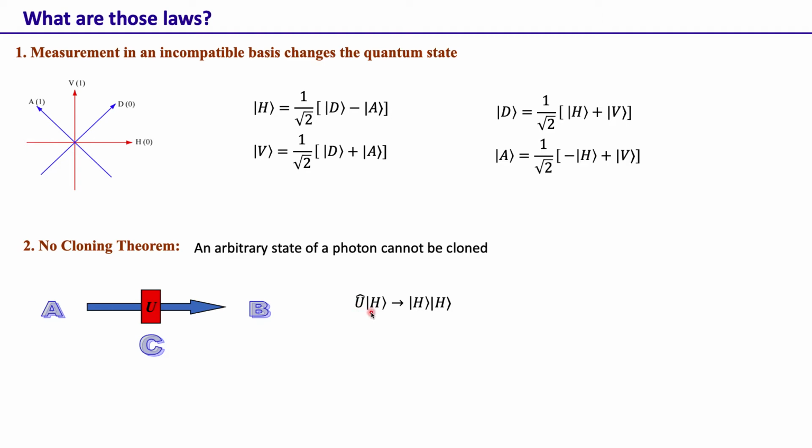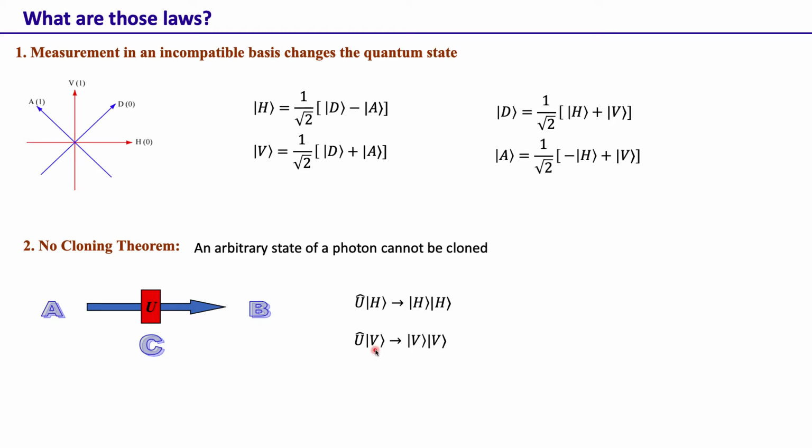We are doing the proof in this 2-dimensional basis of polarization, but one can do the proof in any dimensionality. So let's say there is a unitary operator U that can clone a horizontally polarized photon. If you have one horizontally polarized photon coming in, this U can generate 2 horizontally polarized photons. The same machine can also clone a vertically polarized photon.